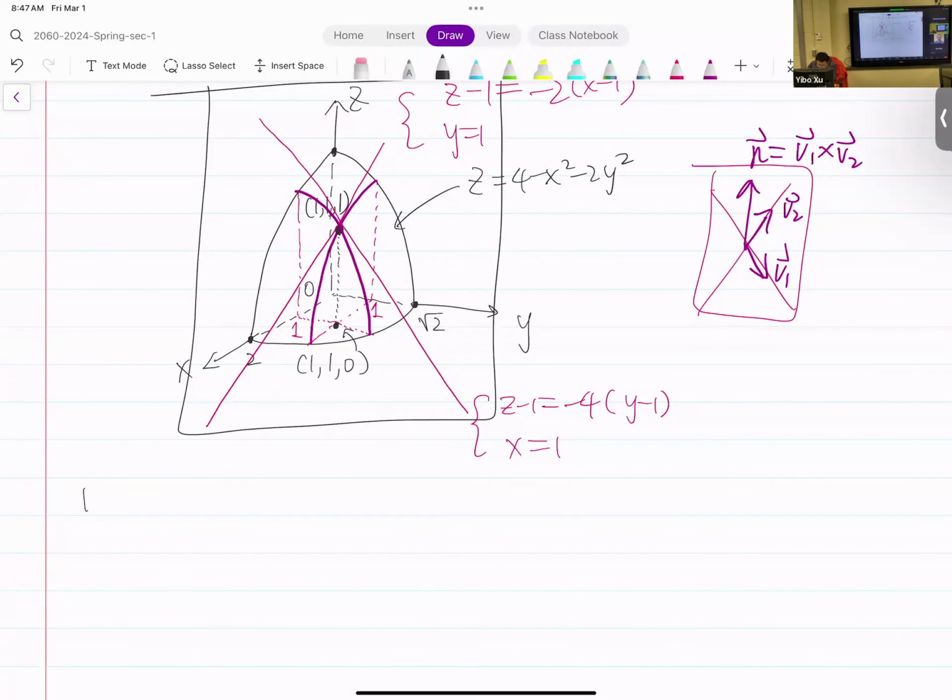Okay. So the question, let's put it down again: what is the plane that contains the two tangent lines?